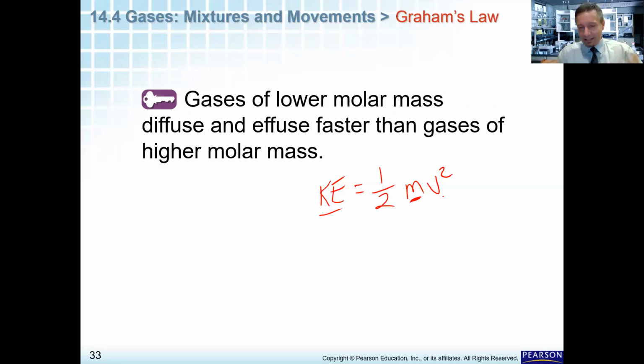So hopefully that makes sense to you. You don't have to memorize this. I'm not going to have a problem to solve on this test for you, but the concept is important. So the smaller the molar mass of this molecule, and it has the same kinetic energy as another molecule, the smaller one will go faster. That way it has the same kinetic energy.